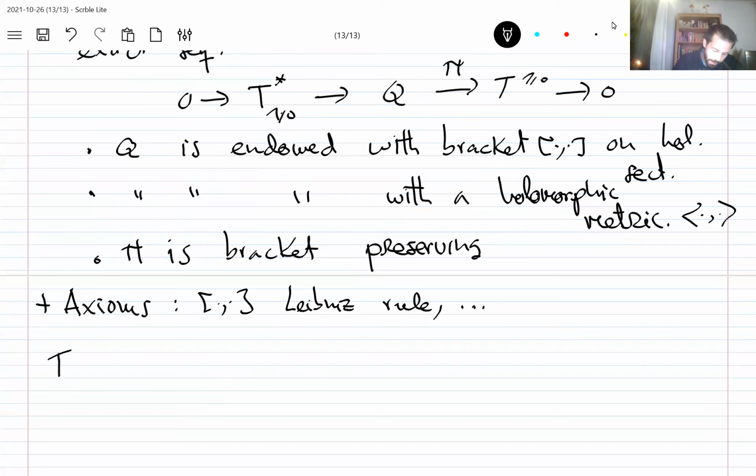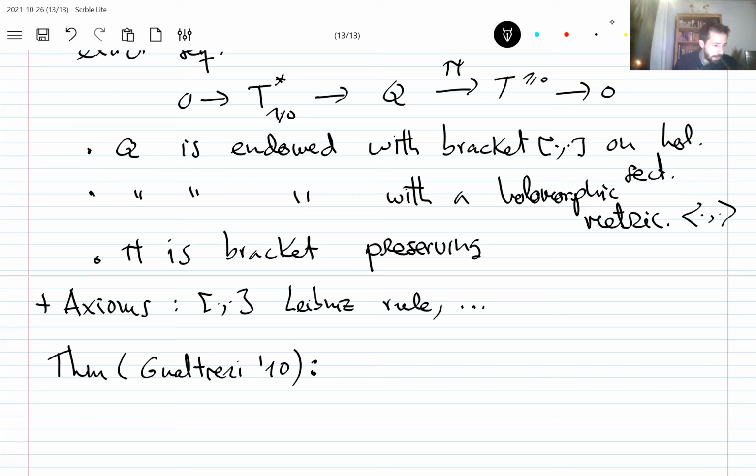But then there is this classification theorem by Gualtieri, which essentially tells us how to construct these explicitly.